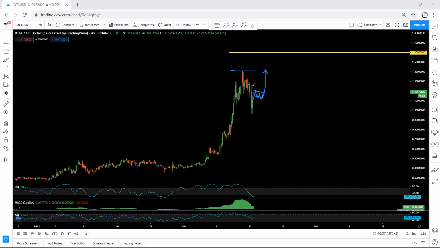Now the question is whether this one can continue to drop one more, or we get a correction. Even if it moves without the correction, we can trade based on the lower time frame. But what I want to say is that if we get a correction based on the 4 hour chart, this is what we are interested in, because as we can see, the price has broken the previous low.